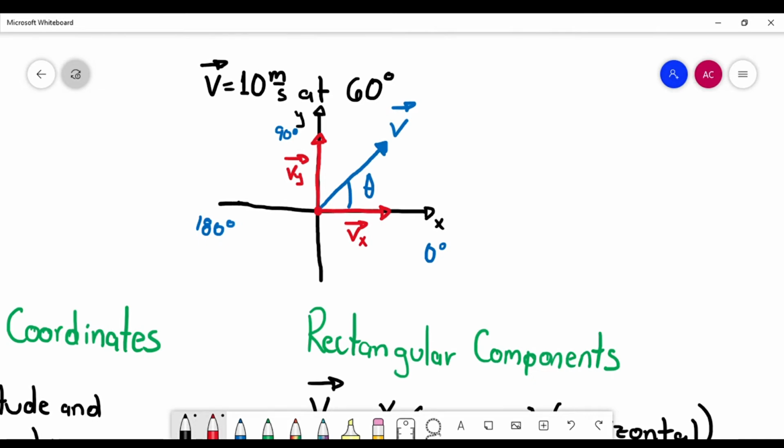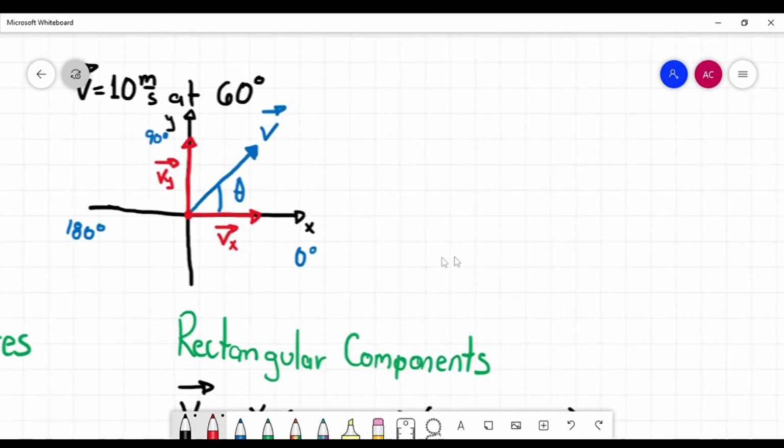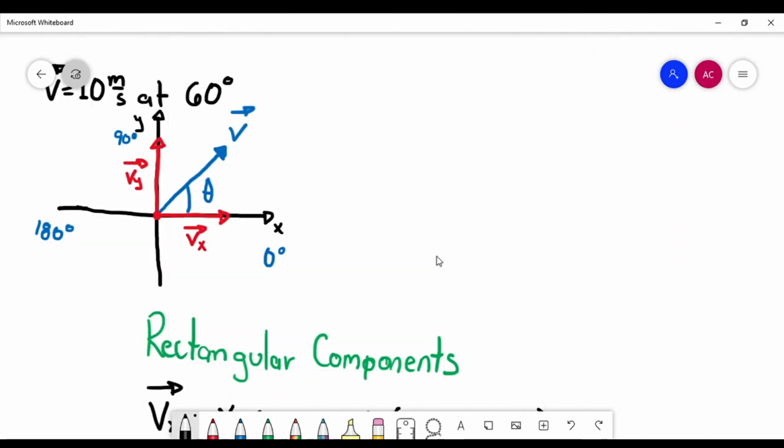Now, I'm not drawing this line going to the left because this vector over here is pointing to the right. So that's why I'm going to draw bx, the rectangular x component, facing right. And the same thing happens with by, it goes up because this vector is pointing upwards. Okay, next what I'm going to do, I'm going to draw this vector again over here.